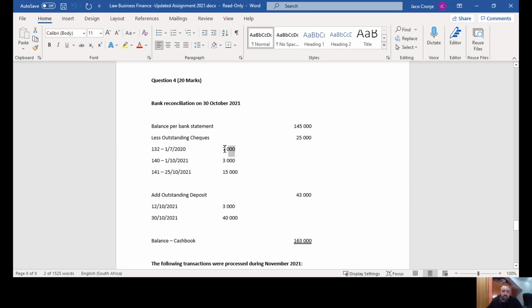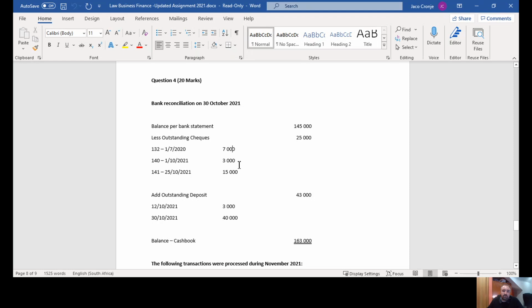Then these transactions here were my reconciling items for the previous month. So what we've got to do with them is somewhere in the question, we've got to find info which tells me which of these items have passed through the bank statement. So which of them have now appeared on the bank statement. The moment you read something and it says this one has appeared on the bank statement, you cross a line through it. It's dead. We're never going to use it again.